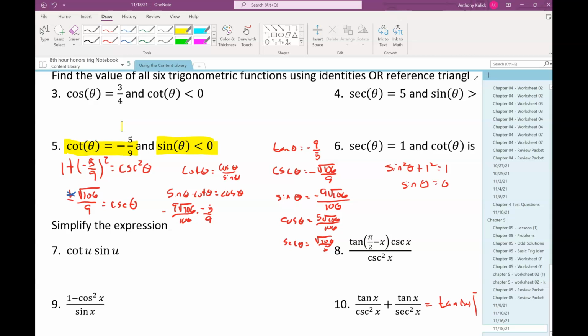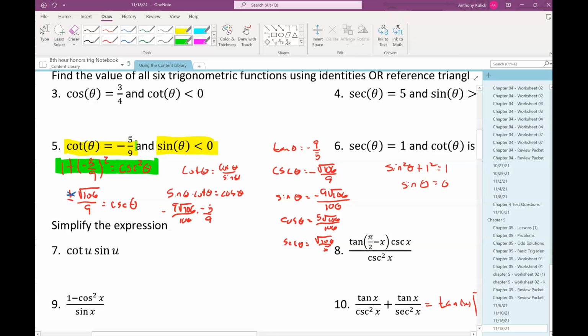So the one I went with was P1, which is 1 plus cotangent squared equals cosecant squared. So that's the first line that I wrote here. Okay with that? I've just filled in the negative 5/9 for cotangent.